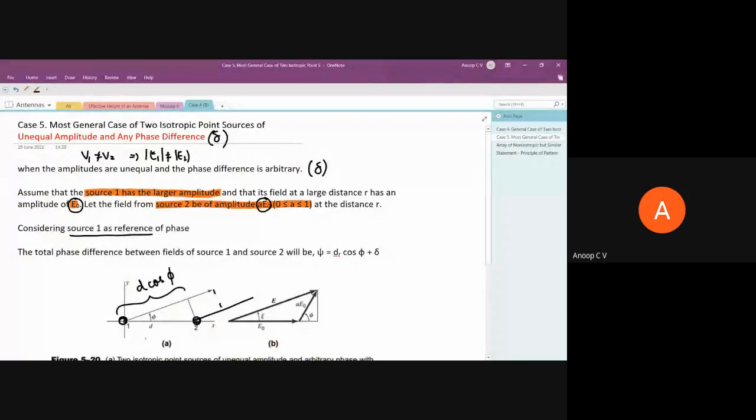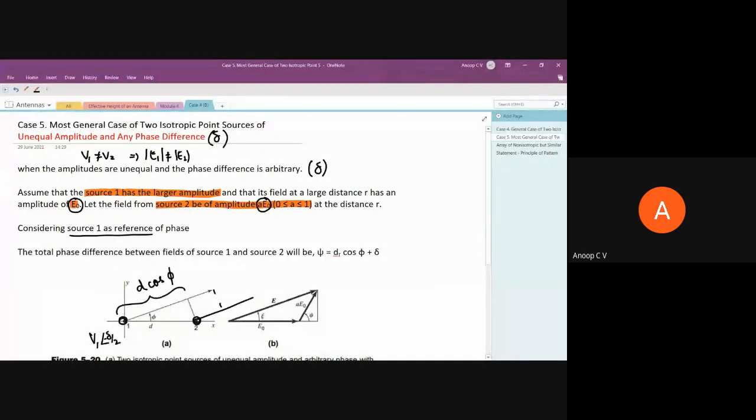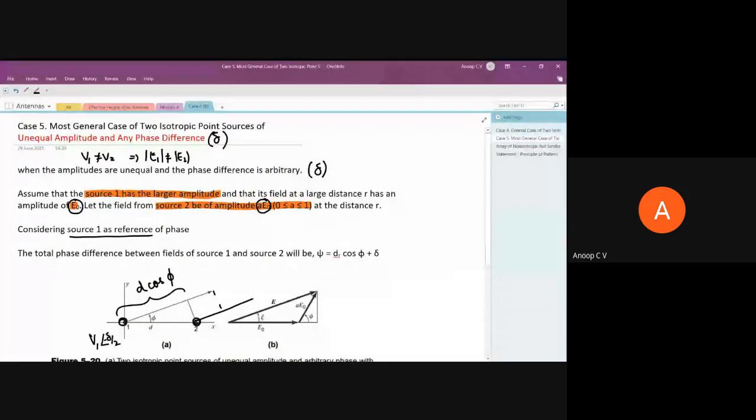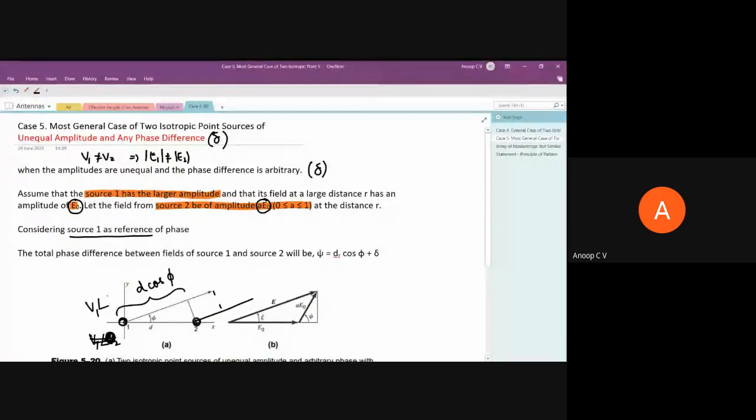Source 1 is excited with V1 angle 0, as source 1 is the reference, and source 2 is excited with V2 angle delta.